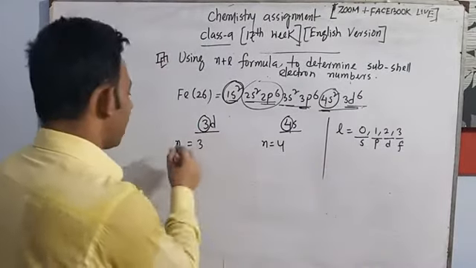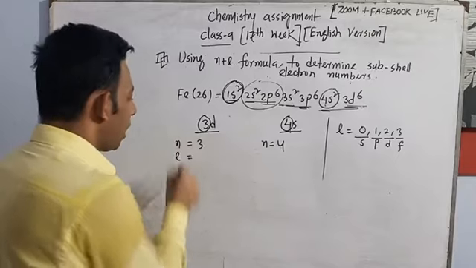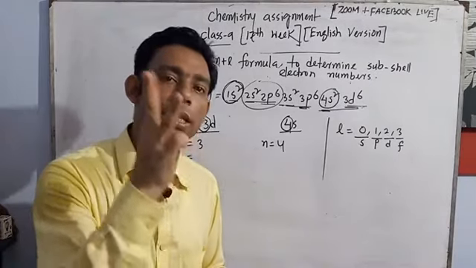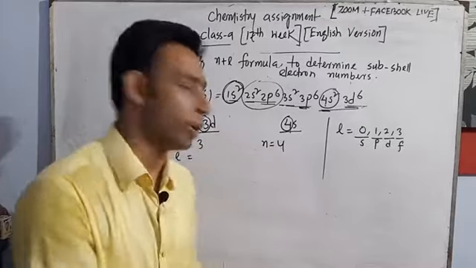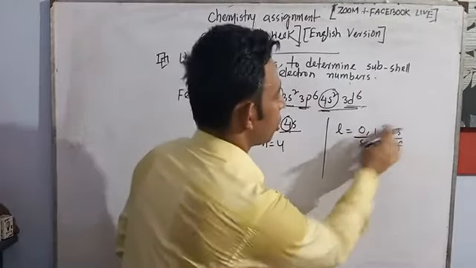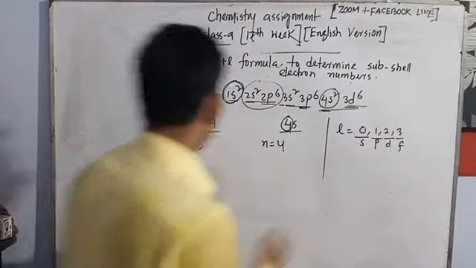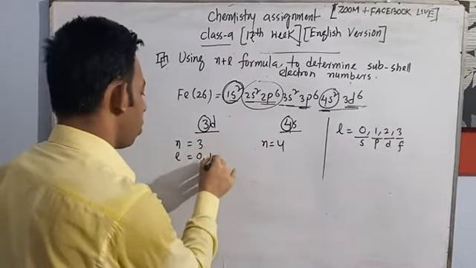And look at here now, n equal to 3 means 3 sub principal quantum number values will be there: 0, 1, 2.